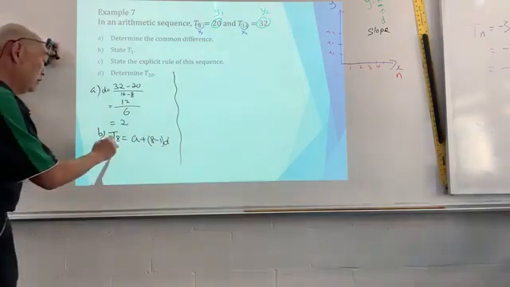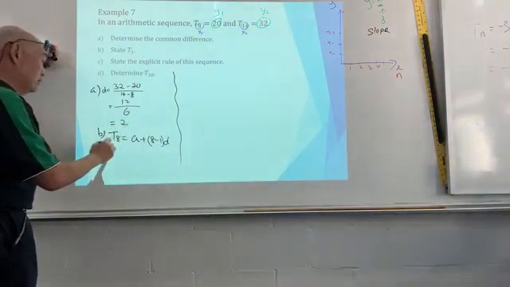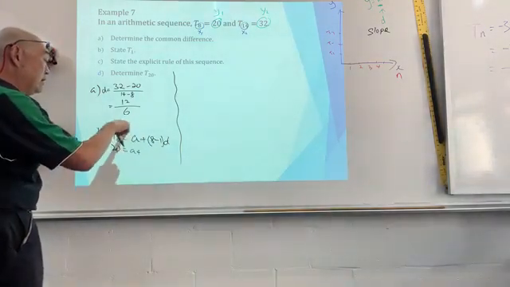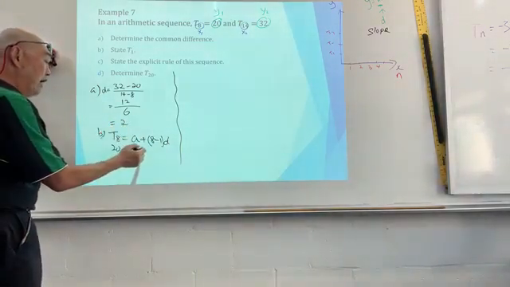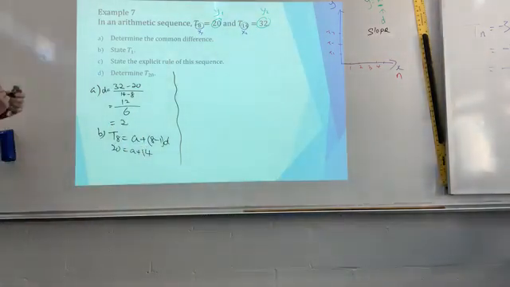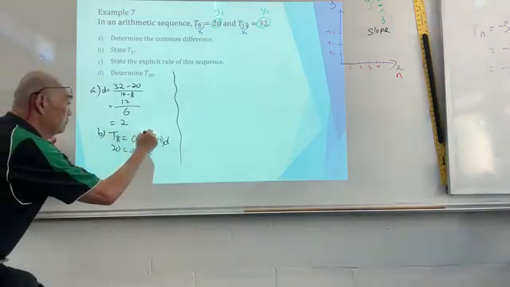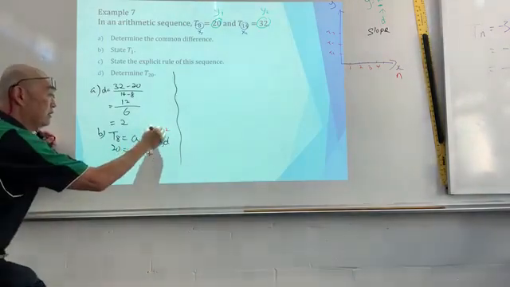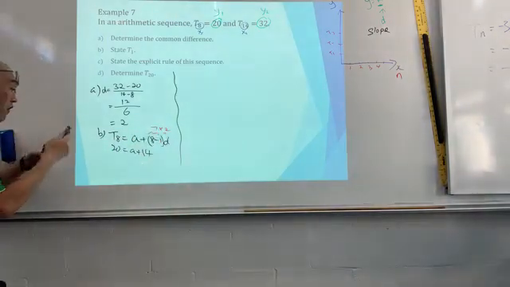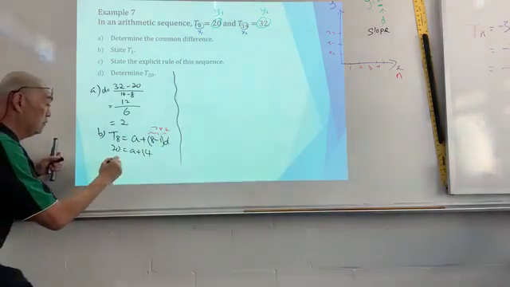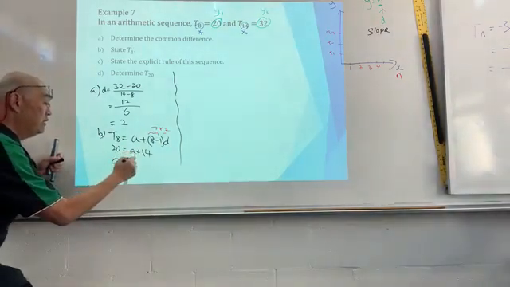So T8 is 20, equals A plus 7 times 2, which is 14. Therefore A is now 20 minus 14, which is 6.